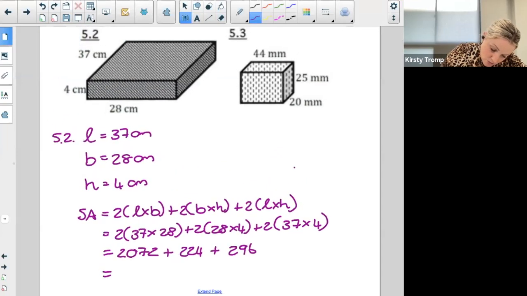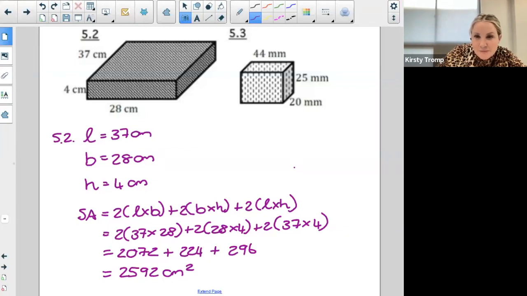When I add those all together, I get 2,592 centimeters squared.